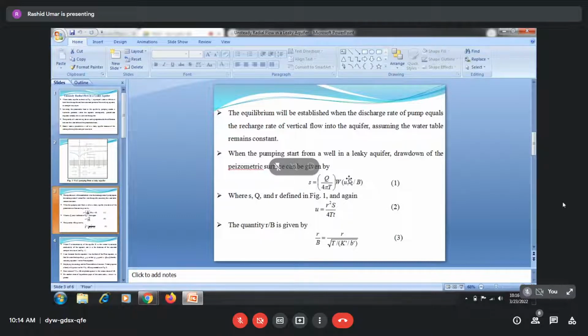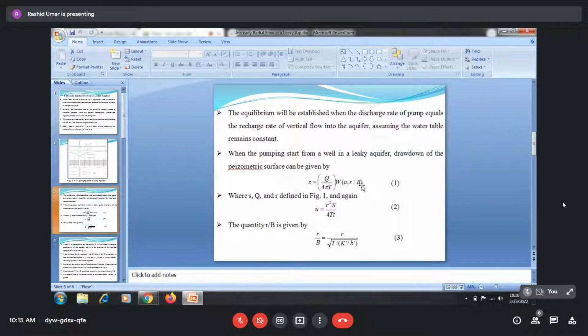So up to here, if I cover this part, this equation is Theis equation. What addition has he done? He has introduced a term, that is r by B. So what is this B? This B is the leakage factor. This leakage factor is variable for different aquitards.